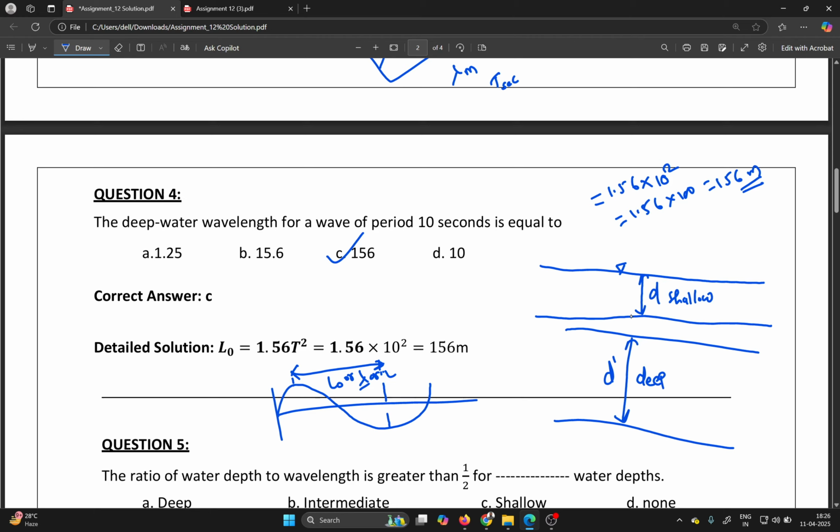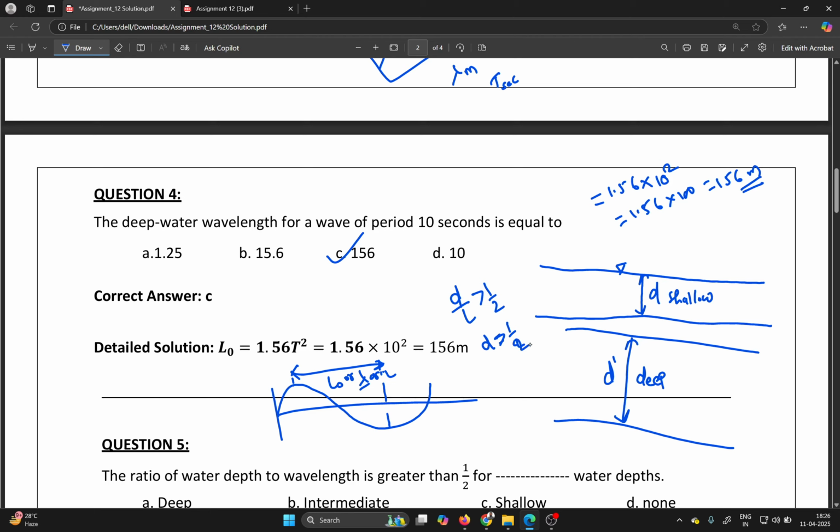So here the question is the ratio of water depth to wavelength greater than 1 by 2, that is D by L is greater than 1 by 2, means half of the depth will be greater than half of your wavelength.